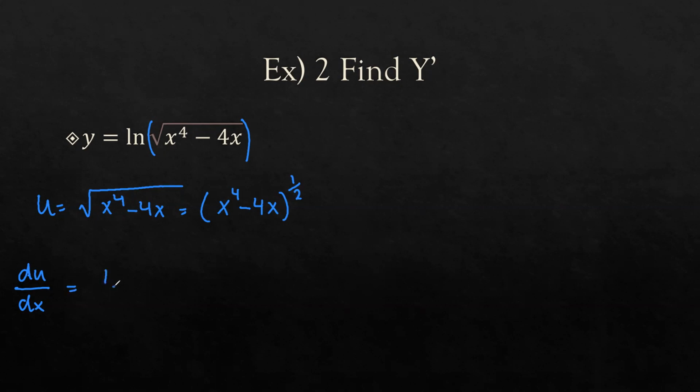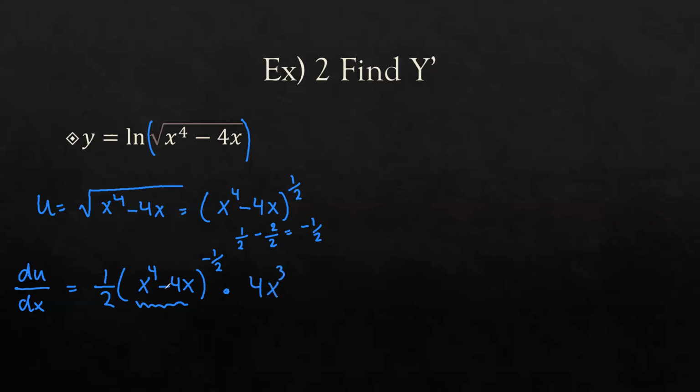It's going to be 1/2, leave the inside alone, and then my new power is going to be 1/2 minus 1, or 2/2, so that's negative 1/2, times the derivative of the inside, since you're applying the chain rule. What's the derivative of x to the 4th minus 4x? The derivative of x to the 4th is 4x cubed. The derivative of negative 4x is negative 4.